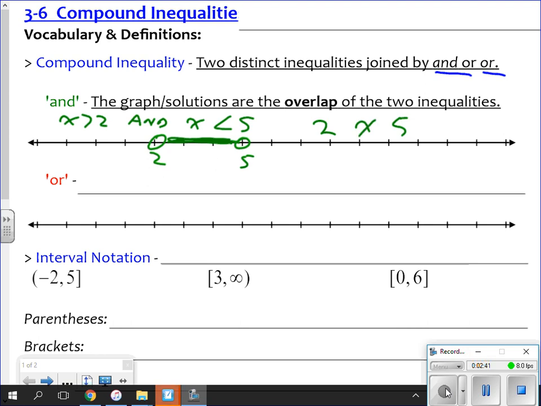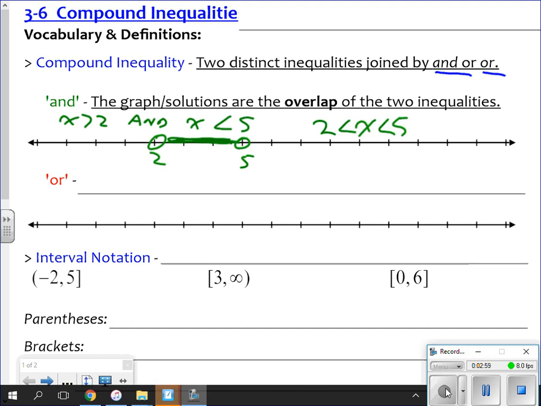Now my inequalities always point the small end towards the smaller numbers. And they're not or equal to, so x is larger than 2, but smaller than 5. That's also an and.